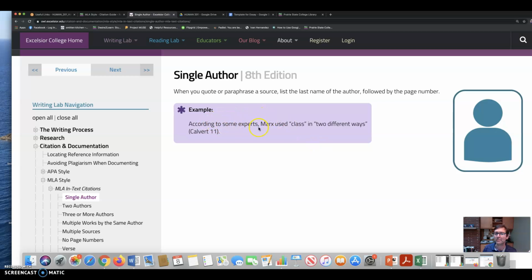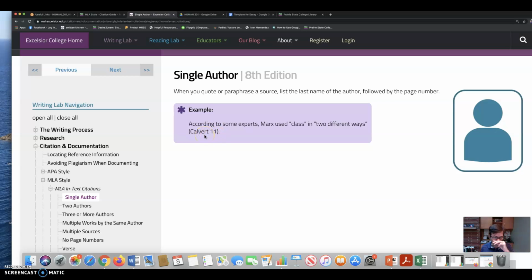So according to some experts, Marx, who's a philosopher, an economist, used, quote, class, in quote, two different ways. So there we have the quotation, and those quotations are not from Marx, but from Calvert's book on page 11. So we have the author and the page number in parentheses. Okay, that's how to do an in-text citation. The quotes, and then followed by parentheses with the author and the page number.